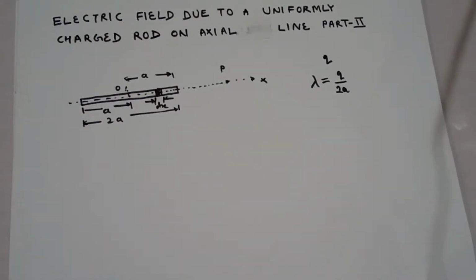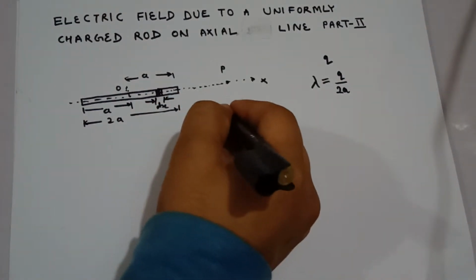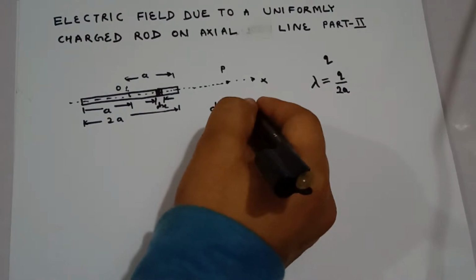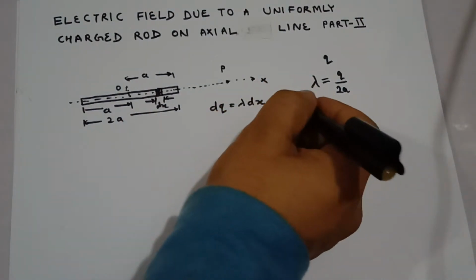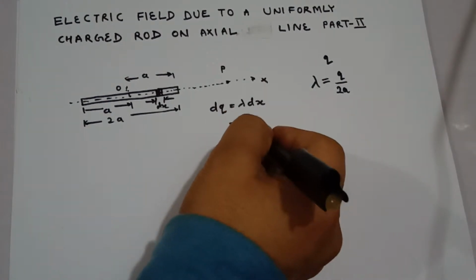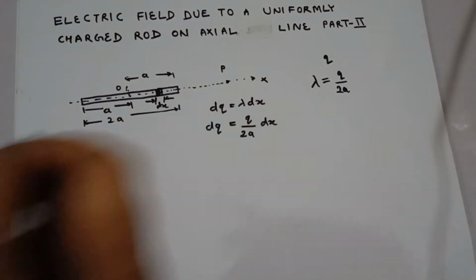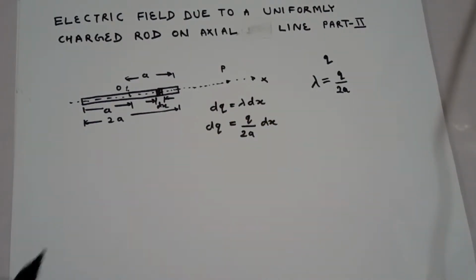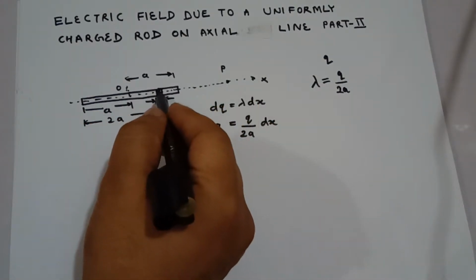So the charge on this particular segment element of length dx would be dq, which is nothing but lambda into dx. If you put the value of lambda here, that would be q upon 2a into dx. So that is our small charge. Now our task is to find the electric field at this point because of that small element dx.